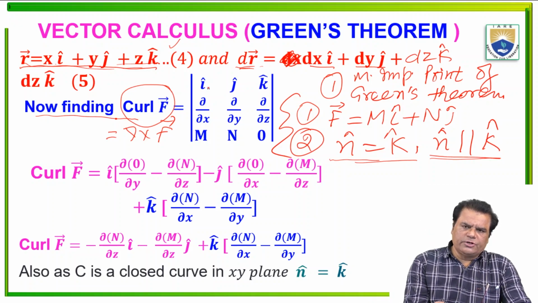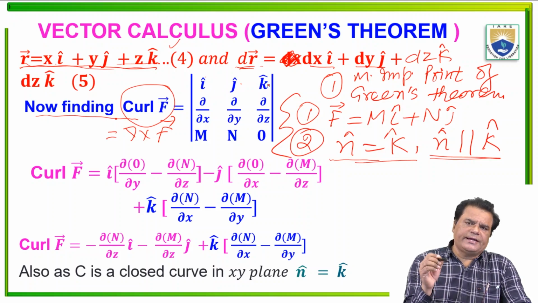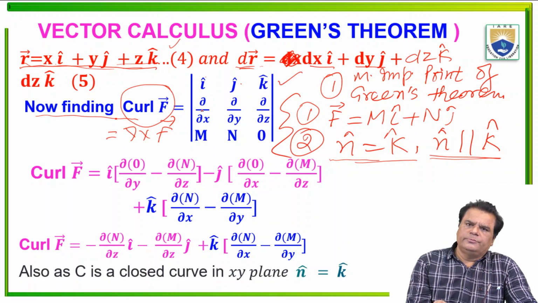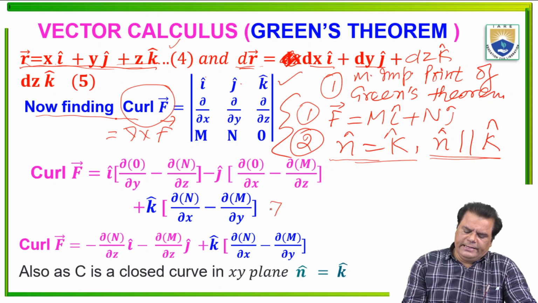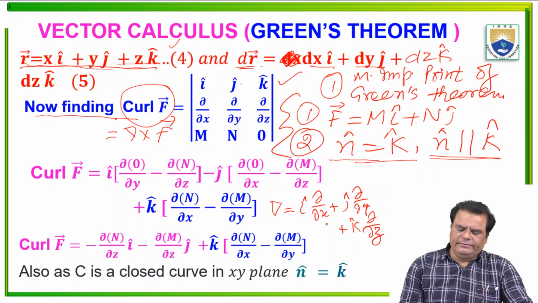In the determinant, first of all, write i cap, j cap and k cap in the first row. In the second row, we know del. Del is i dou over dou x plus j dou over dou y plus k dou over dou z. This is the value of del.